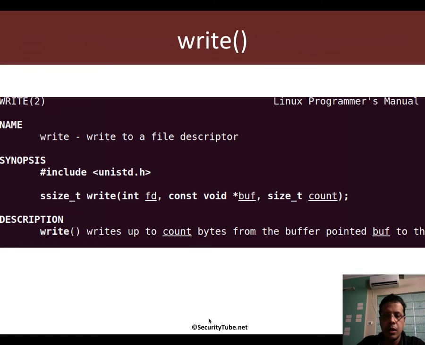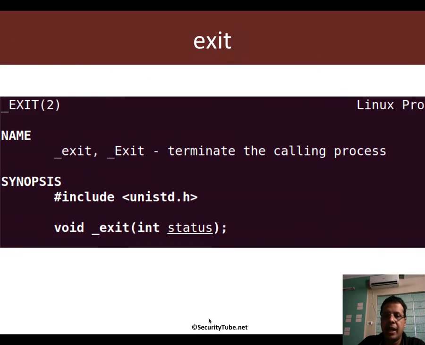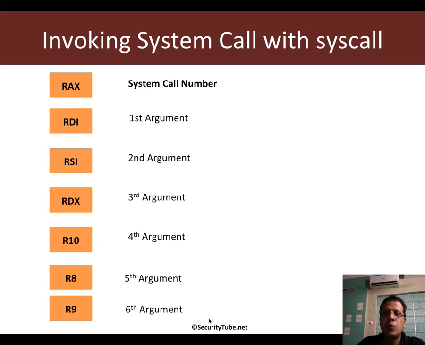Now, we have two tasks in hand. The first is to write the hello world string on the screen, and the second is to exit the program gracefully. So how do we use the syscall interface? How do I tell the operating system that I would want it to take this string and write it on screen?